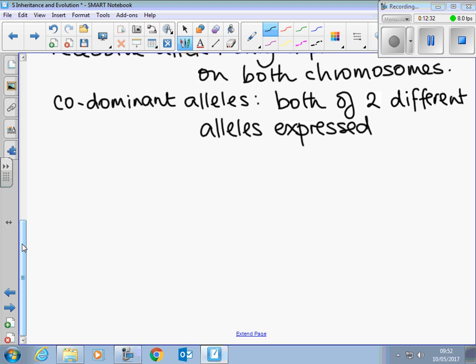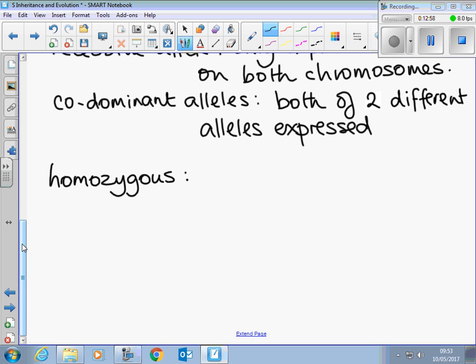But how are we going to describe individuals with these different combinations? First of all, you can have homozygous individuals. A homozygous individual will have two identical alleles. So two brown, two blue, two group A, two group B, two group O, whatever.